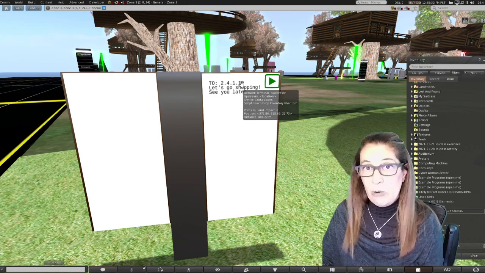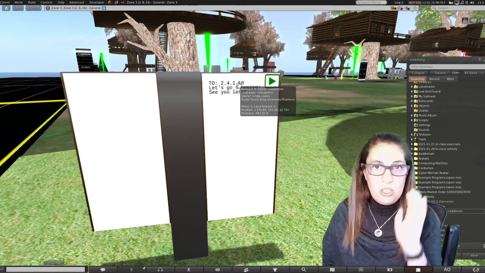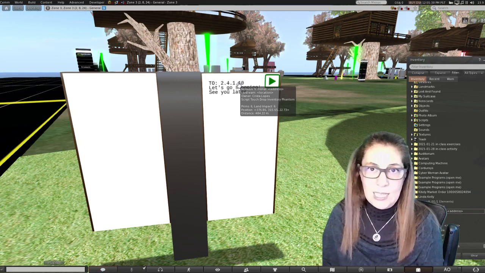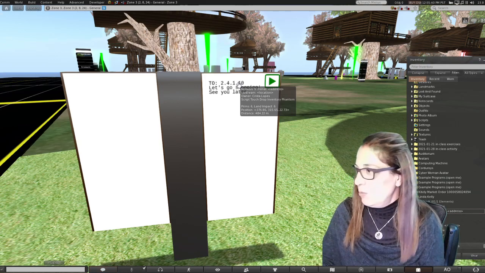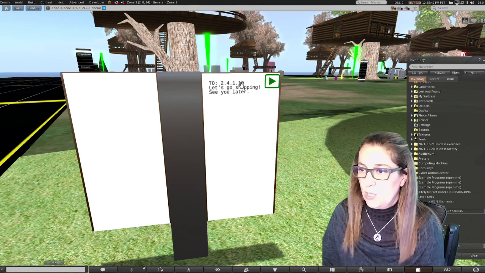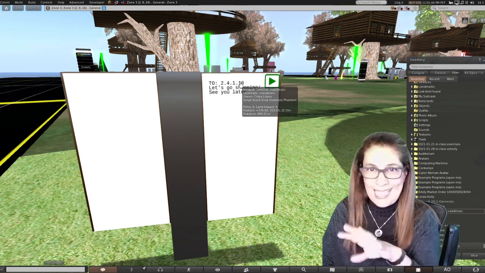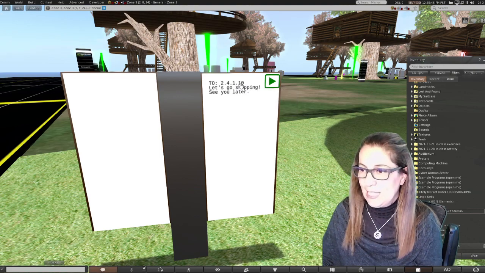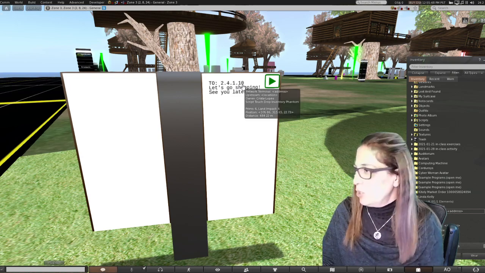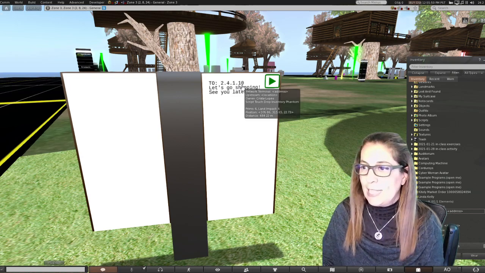We can just say 0, and what that means is it will choose one of the terminals. If there are many in the destination, it will choose one. It doesn't matter which one. So we don't have to know exactly what terminal we want to send the message to. If we put 0, it will show up somewhere on the right house.